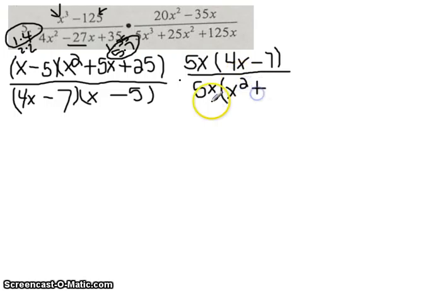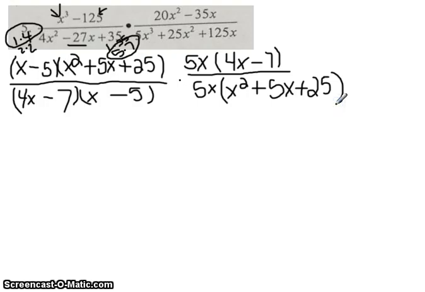Plus 5 times what will give me 25? 5. And x times what will give me x squared? X. Plus 5 times what will give me 125? That'd be 25. And then that's all we need there.